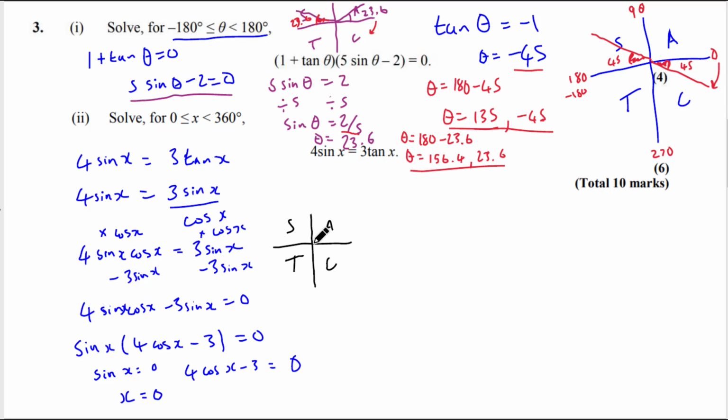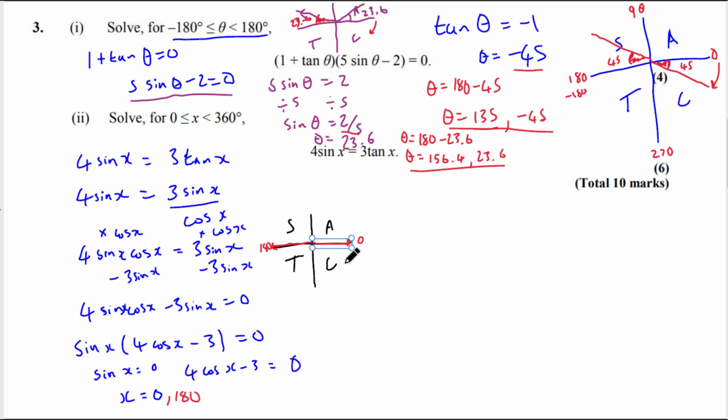So we know 0 is here, and between 0 and 360 the only other place is here, which is the 180 where sine is positive. So the answers for sine x equals 0 is x equals 0 and 180.